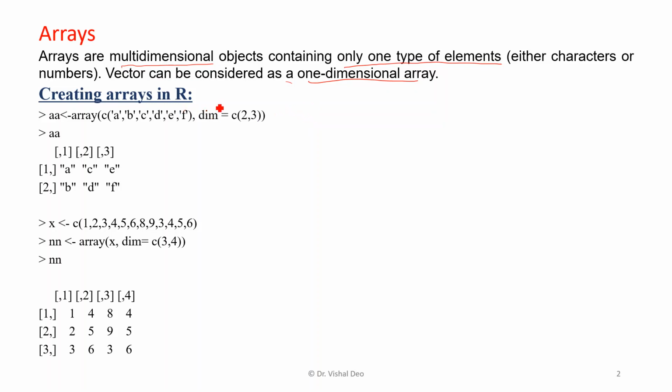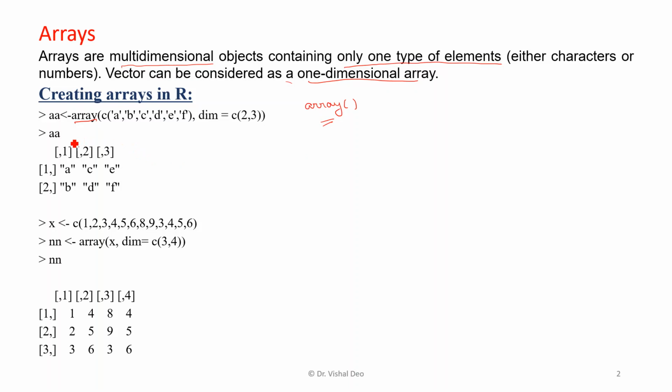So first let us see what are the methods of creating or defining arrays in R. There is a function called array. This is an inbuilt function, and it can be used to create either a numeric array or even a character array in R.